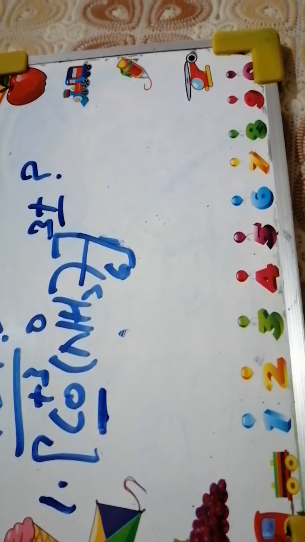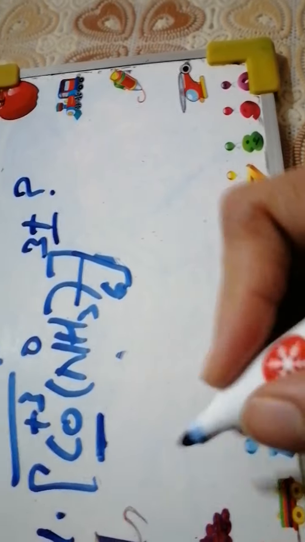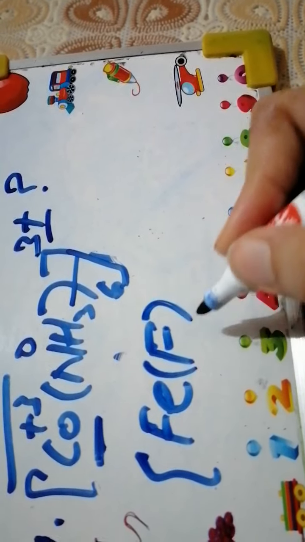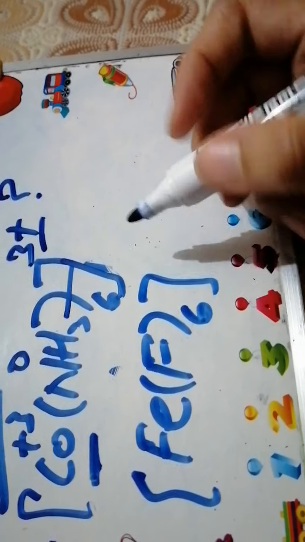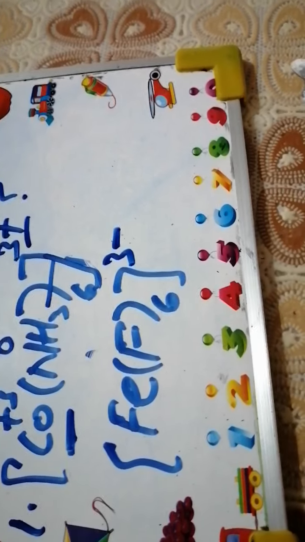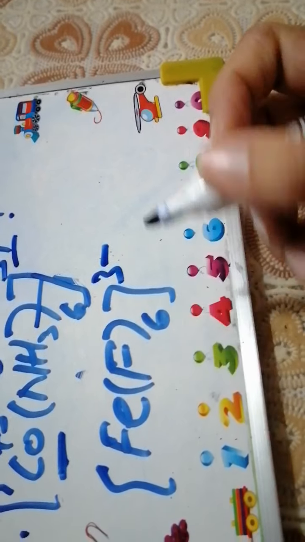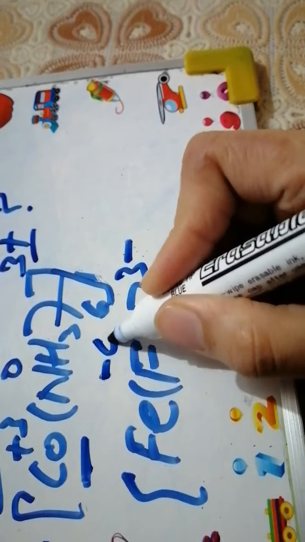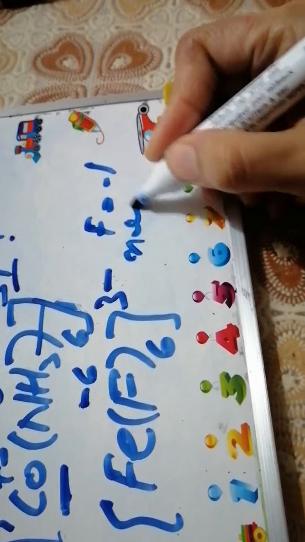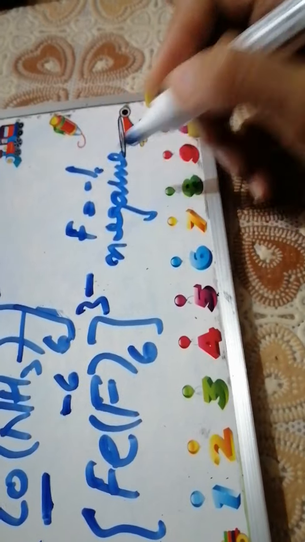We can take any other example, like iron with 6 fluoride having 3 minus. This fluorine is having minus 6 charge because in a single fluorine we have -1, so it's a negative ligand, right?